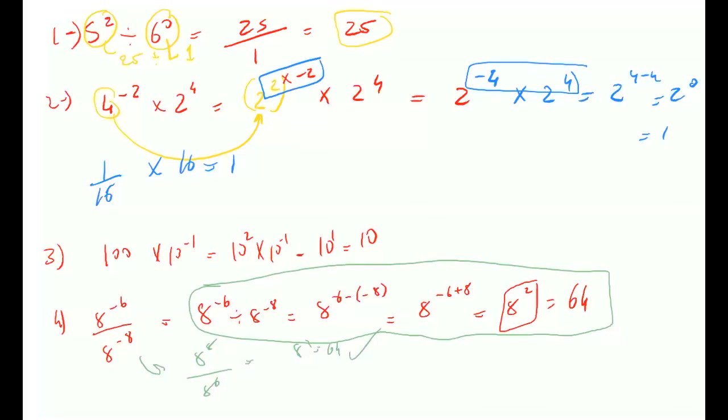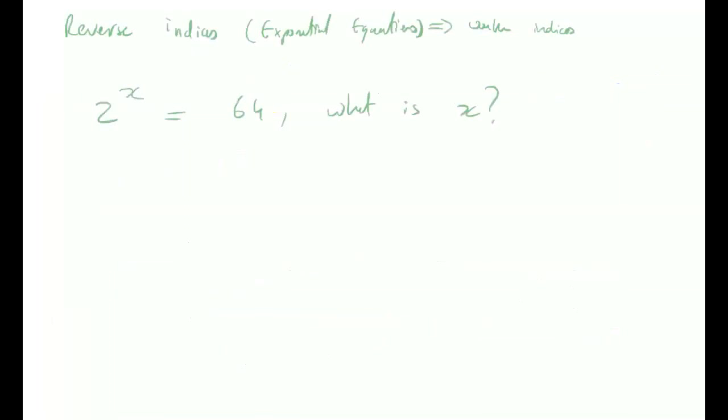Okay, going back to this question. Reverse indices. So 2 power x is equal to 64. What is x? Let's write 2 power 0, 2 power 1, 2 power 2, 2 power 3, 4, 5, and 6.